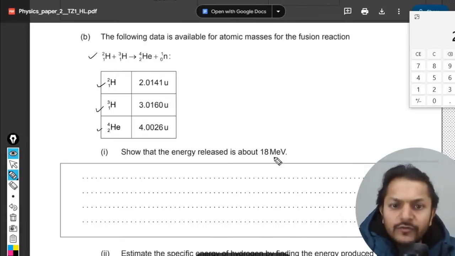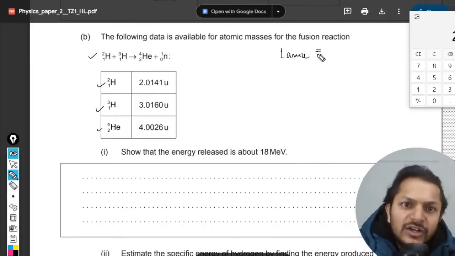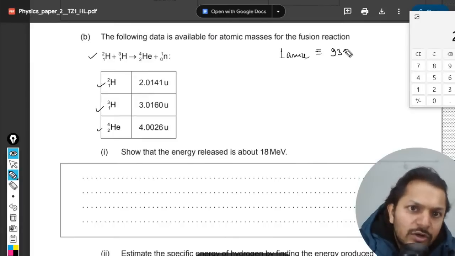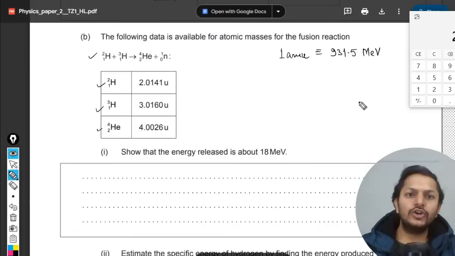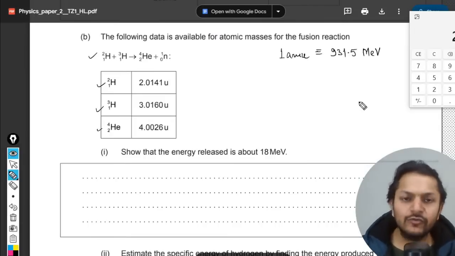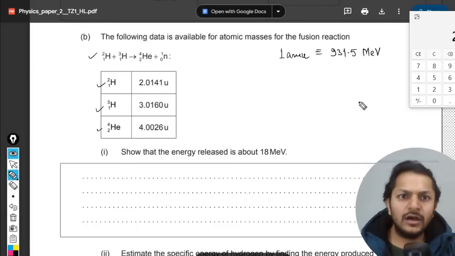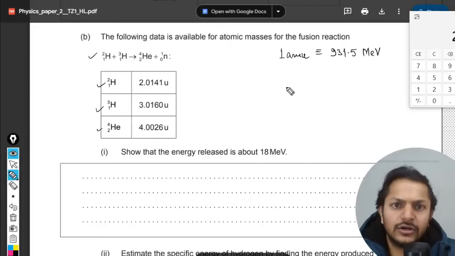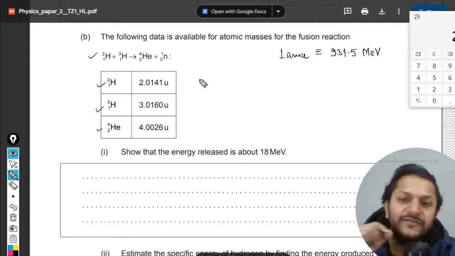First of all, we must know one thing, that 1 AMU of the mass, if it is converted into energy, is equal to 931.5 mega electron volt. So I can say that 1 AMU is equivalent to 931.5 mega electron volt, or you can just call it the rest mass energy of 1 AMU. Having said that, we would be finding the mass defect now in this question.